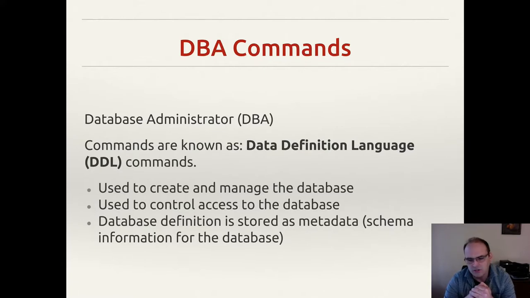It would include the data types of those fields. It would include the number of fields that make up my user relation. It would include how many relations are in my database. All of this is considered schema information. And anytime you are changing or manipulating schema information, you are using data definition language to do so. And again, this is only done by a database administrator.